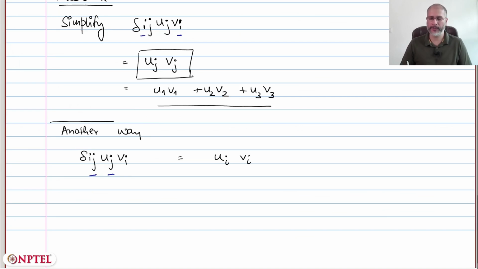And you already know that this also expands to u1 v1 plus u2 v2 plus u3 v3. So ui vi and uj vj, they are equivalent because i and j in these expressions are simply dummy or repeated indices. They don't have a meaning by themselves as such. Right, so let's move on to the next problem.